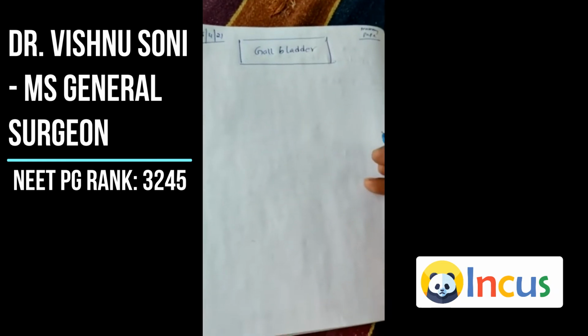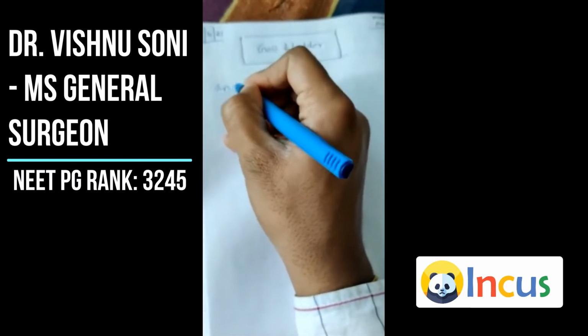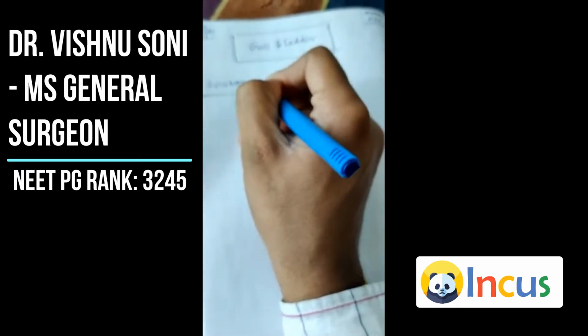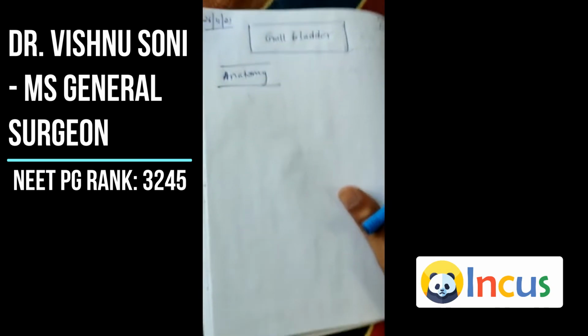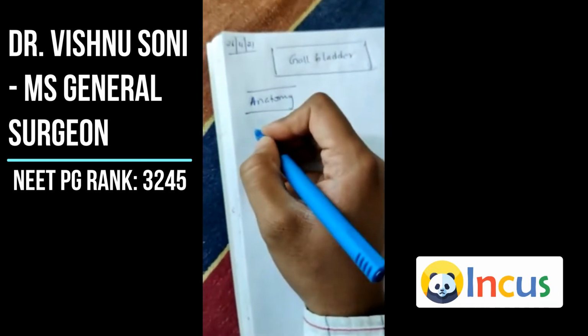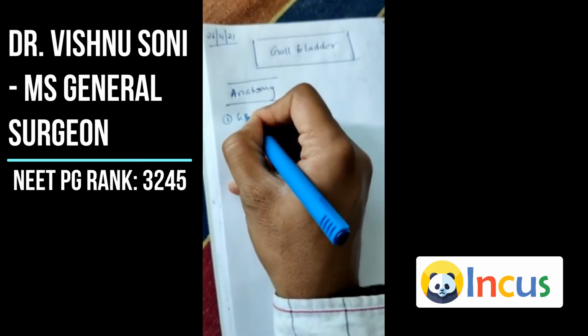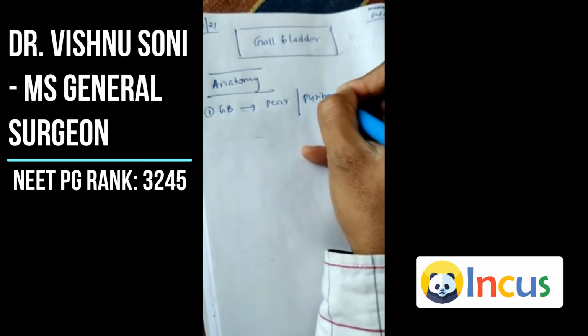So here it is, guys, gallbladder. Let's start with anatomy first. Firstly, the gallbladder is pear or piriform shaped.